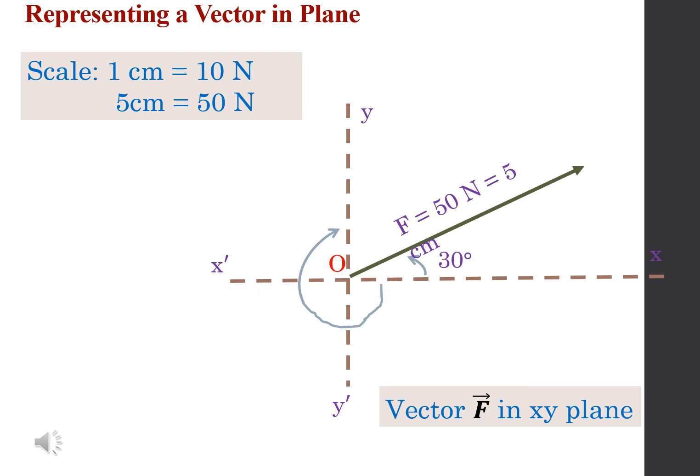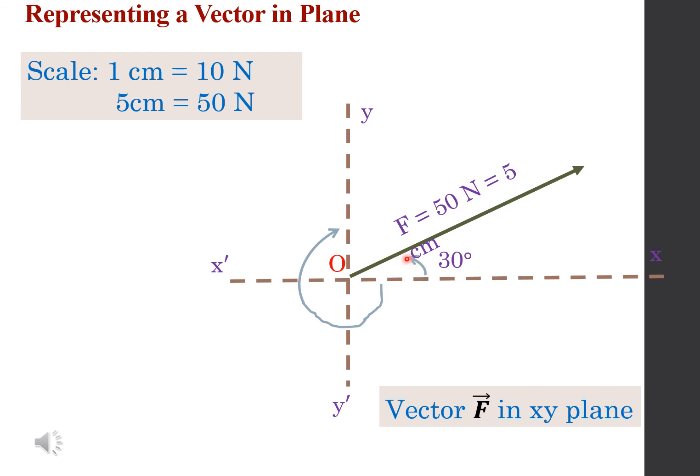Representing a vector in a plane. For representing a vector in a plane, we consider a Cartesian coordinate system, that is simply two axes, the x-axis and y-axis, intersecting at point O. Suppose that we have a force vector F, that is 50 Newton, making an angle of 30 degrees with the horizontal axis.